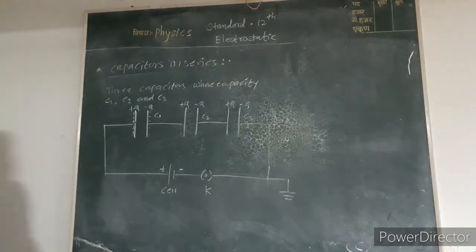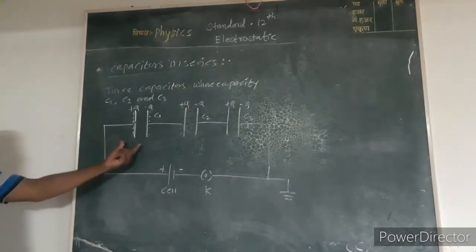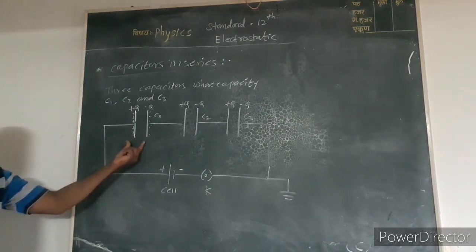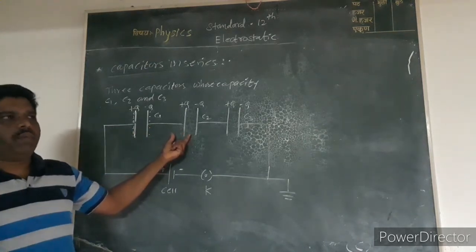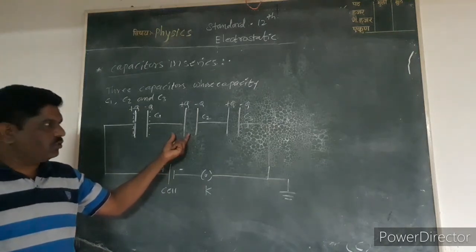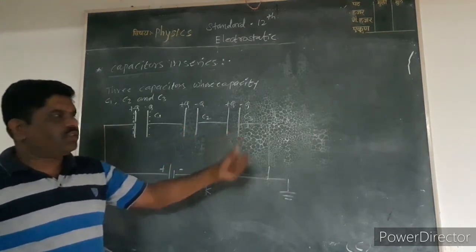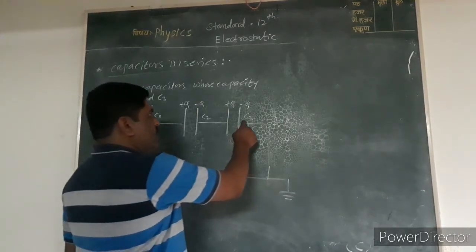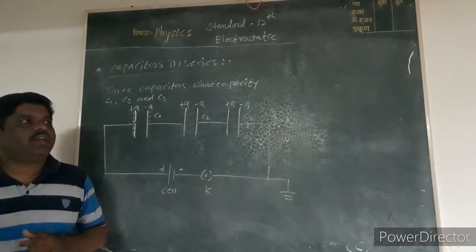The three capacitors connected in series, that is, one terminal of the cell is connected to one plate of the first capacitor. The other end is connected to one plate of capacitor C2, and the other end of capacitor C2 is connected to the next, and so on, and the last plate of capacitor C3 is connected to the negative terminal of the cell through plug key K.